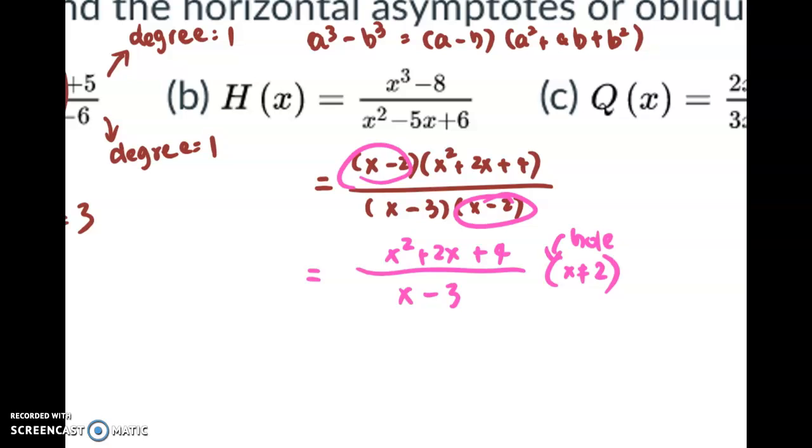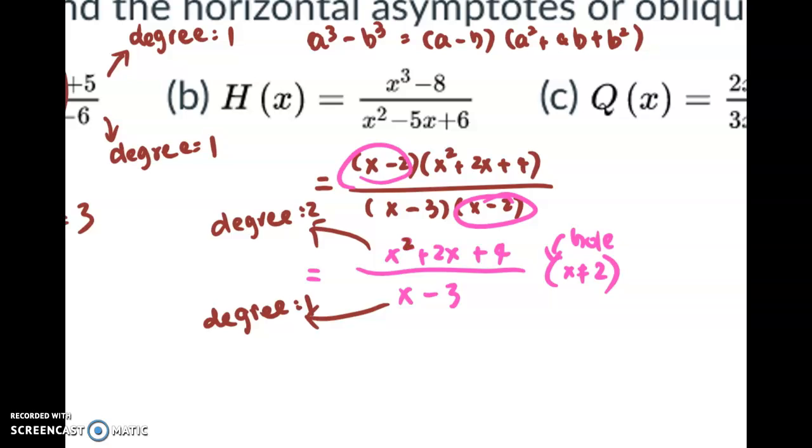We need to compare the degrees of the top polynomial and the bottom polynomial. The top polynomial here, the degree is 2. The bottom here is 1. How do I get the 2?